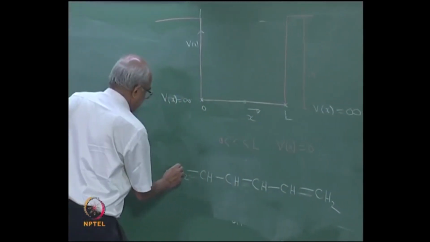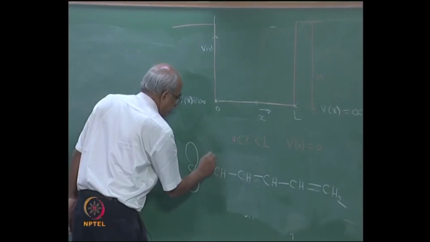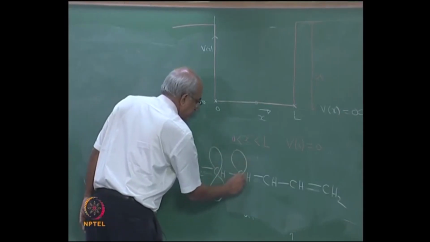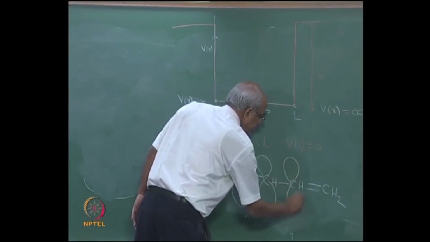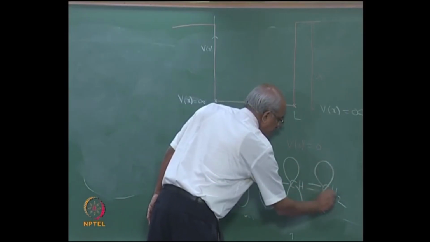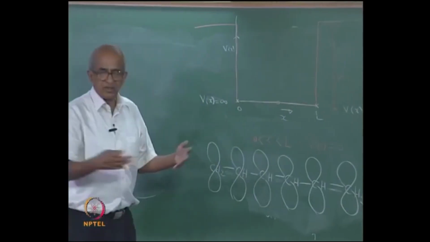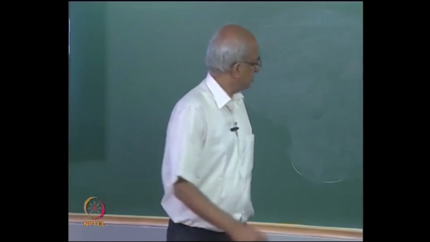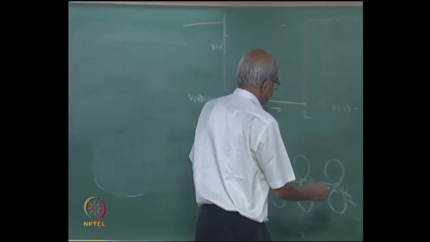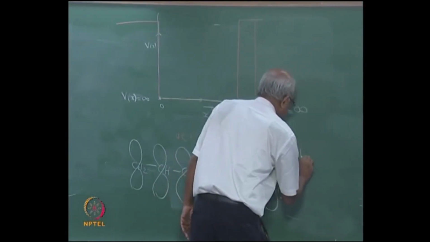So, therefore, I can represent them. I would have p orbitals in this fashion sticking out on each one of the carbons, and the p orbitals actually overlap and lead to what is referred to as the delocalized system in the conjugated molecule.